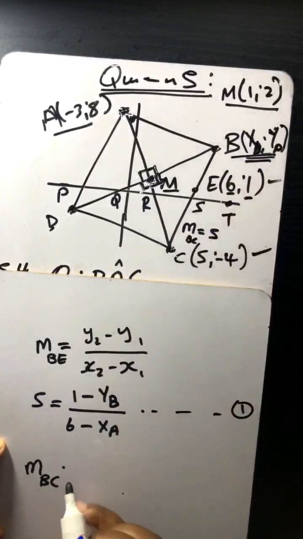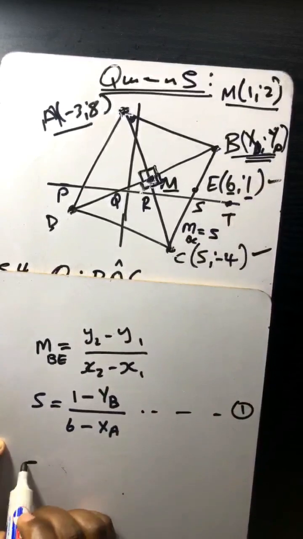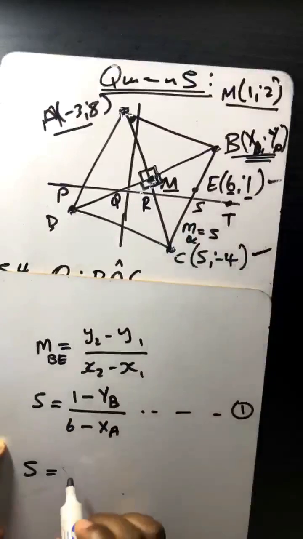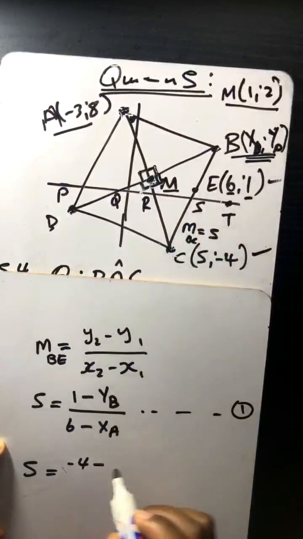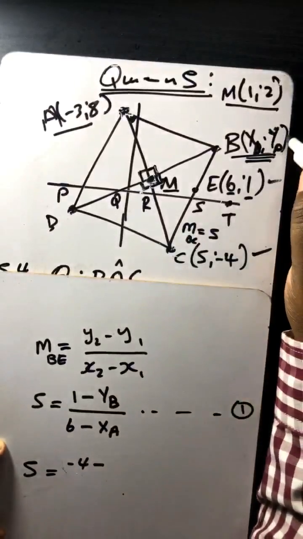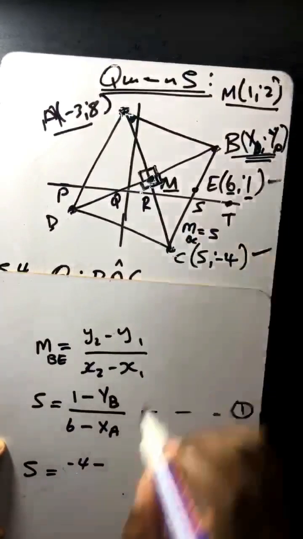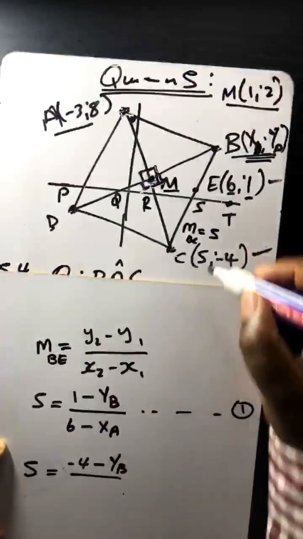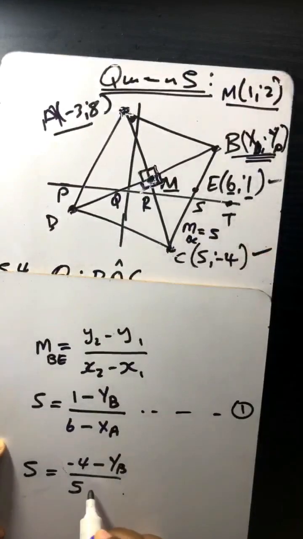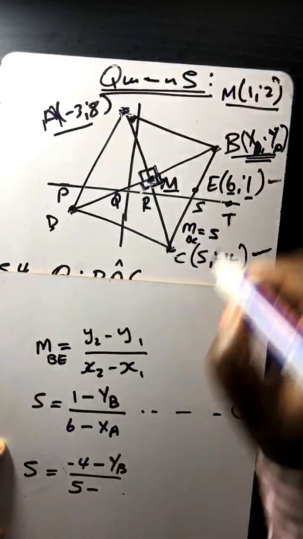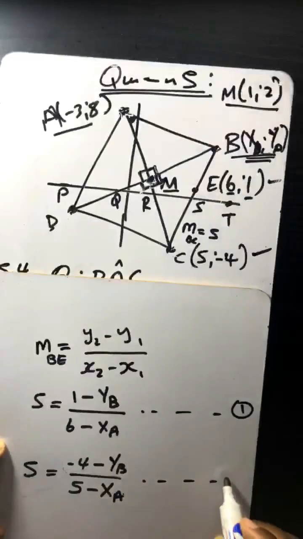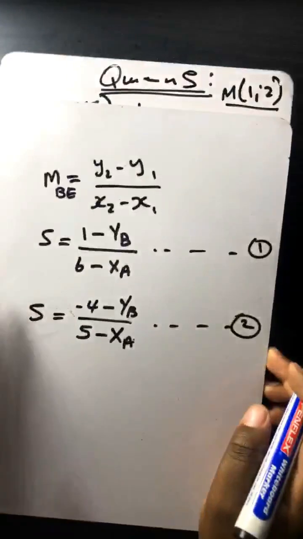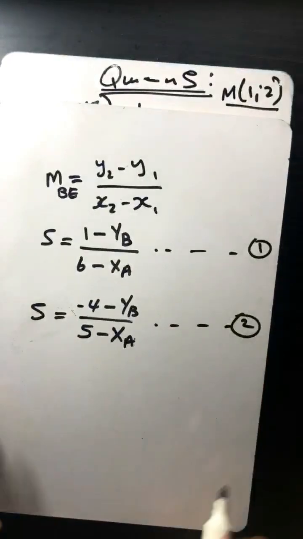So we know the gradient of BC is still 5, which is equal to y2, we can say negative 4 minus y at B, over this one. I'm hoping that you guys are following, even though it seems like it's going to be lengthy. But what I like about this is that it will confirm if those lengths are equal.